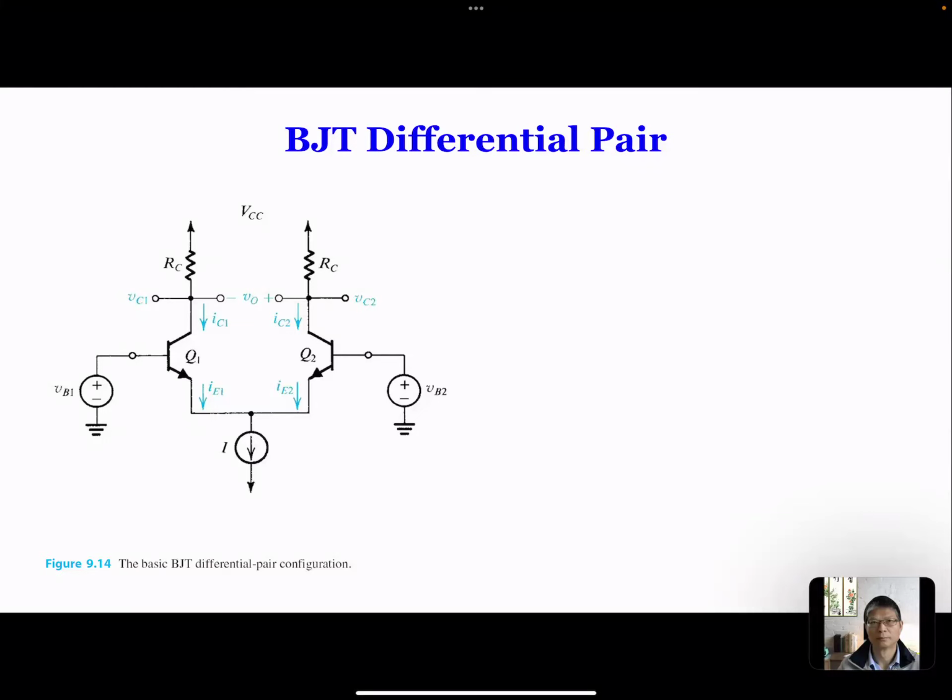However, we can assume this is going to be common emitter. The reason is, if this is open, if this is a standalone amplifier, you're going to have trouble. Let me draw the half circuit next to this, and you'll understand what I'm talking about.